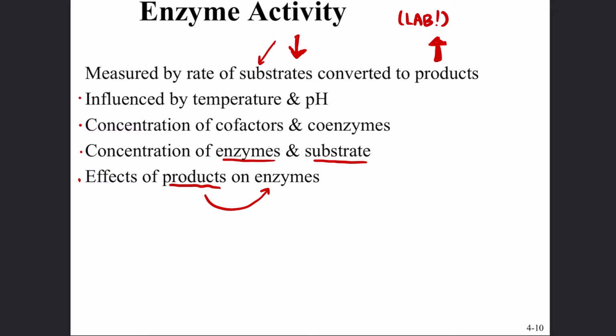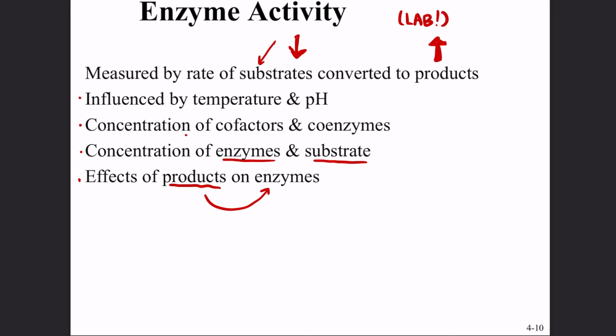Similar to how you have an optimal work environment where you probably do the best or most work, enzymes are the same way. They have an ideal temperature, they have an ideal pH with which they work, which I'll show you in just a second.